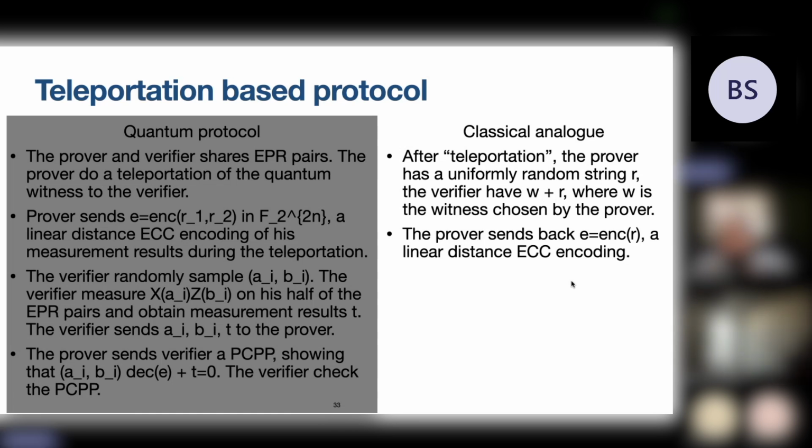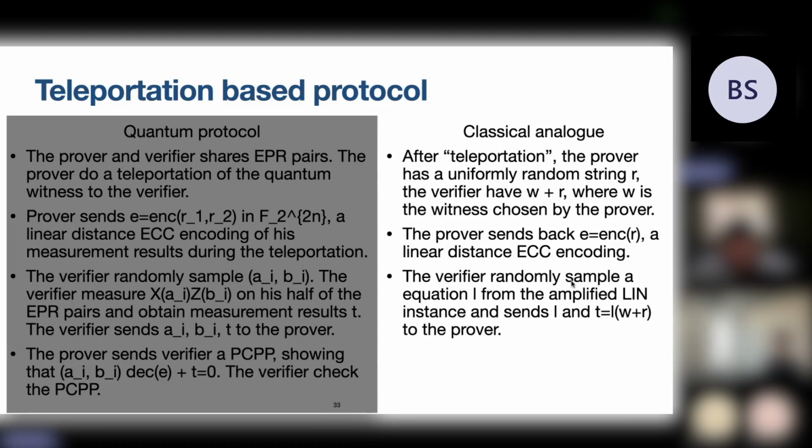So what you do is you ask the prover to first send you something that looks like a commitment. Because the verifier cannot just send W plus R to the prover, because in that case, the prover can help you to calculate W, but then the prover will know which kind of W the verifier is using.